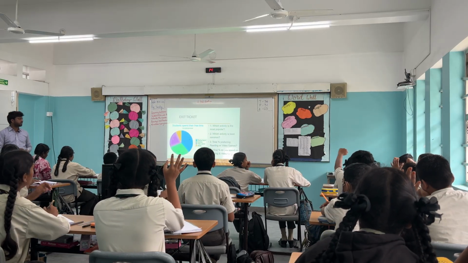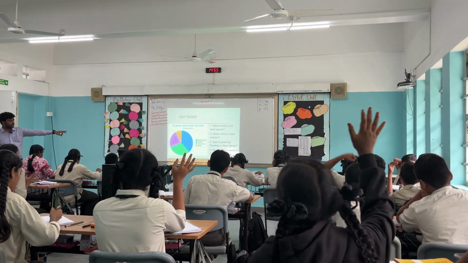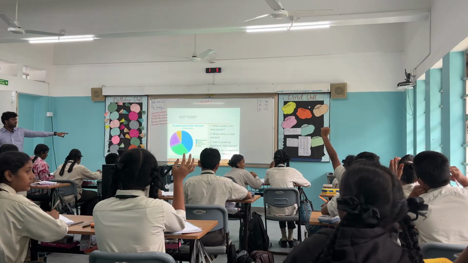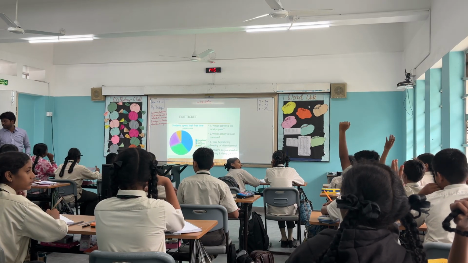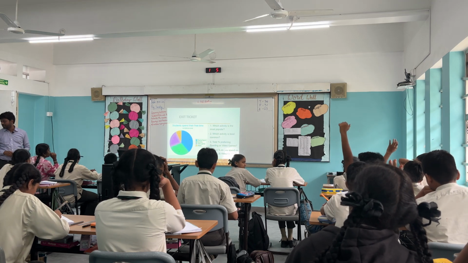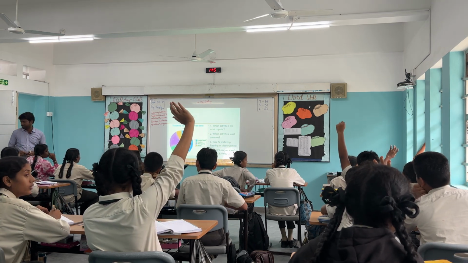Third one, total percentage reading or video game. How many people like to read the books? Reading is 20 percentage. Video games is what, dear? 15. So which is liked by more people? Reading. By how much? By 5 percentage.